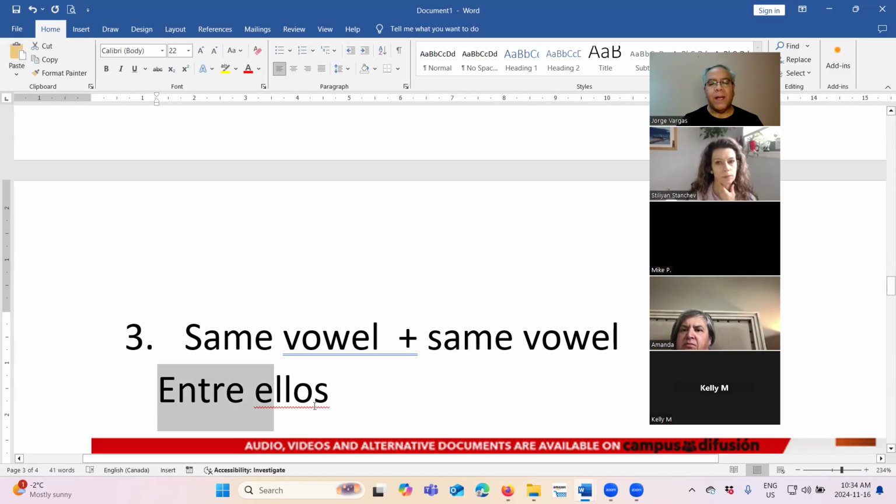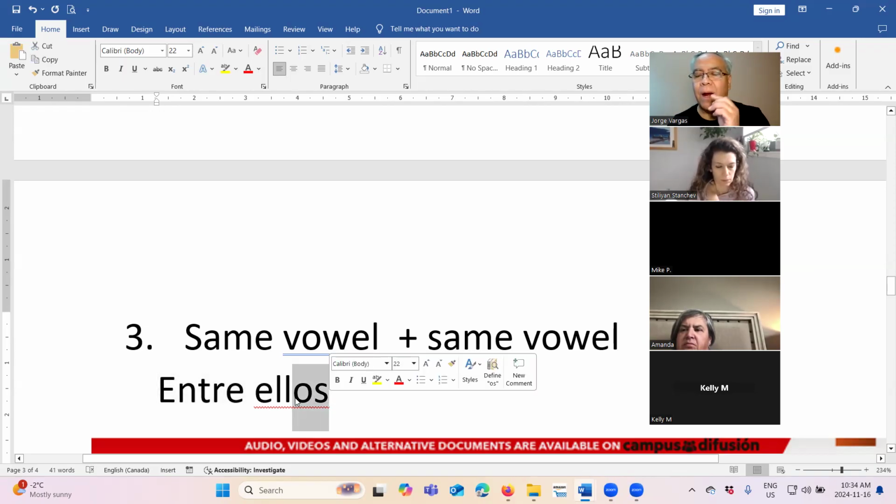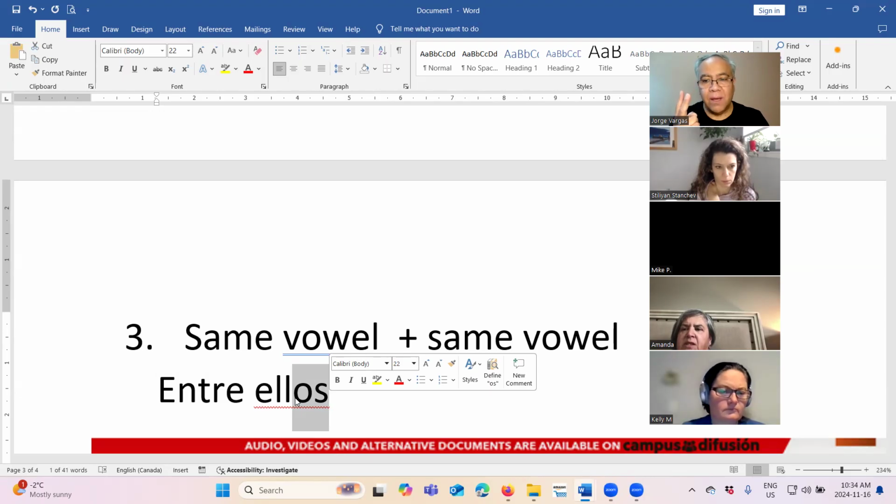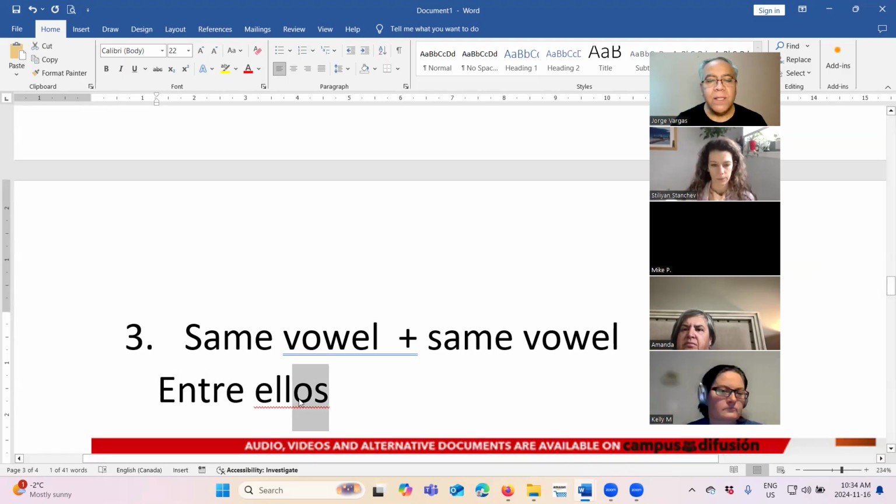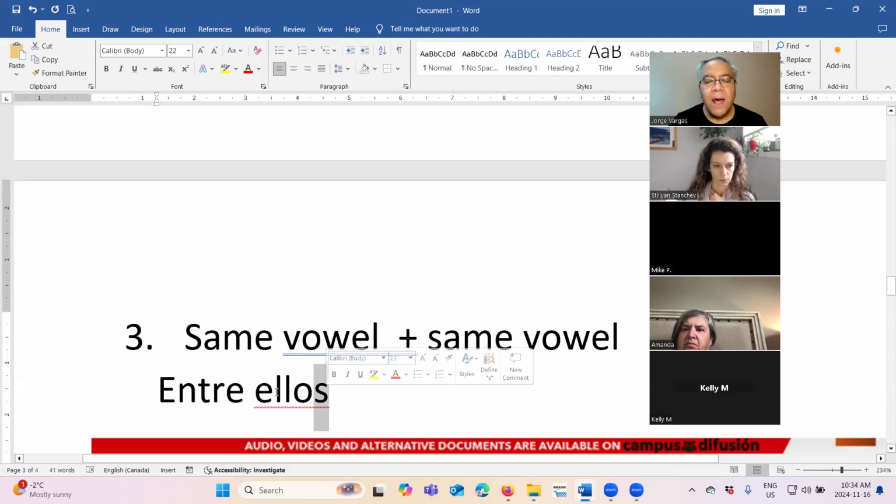Because if you think about it, this word ends in S. And our phonetic rule was, if a word ends in a vowel, A, E, I, O, U, or N or S, you emphasize the second last syllable. Are we in agreement there? Perfect. So in this case, this word ends in S, so I have to emphasize the previous syllable, which is E. So you end up saying entre ellos.